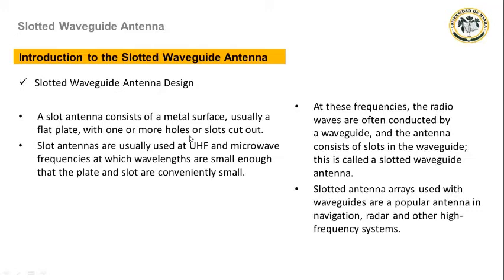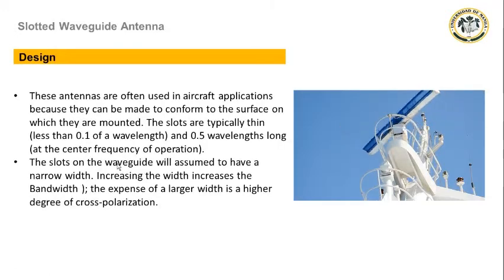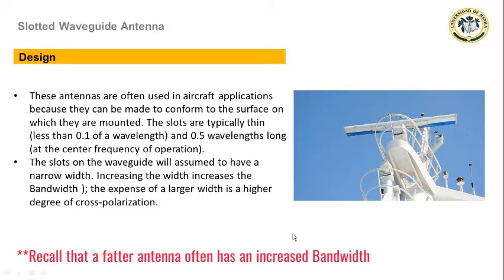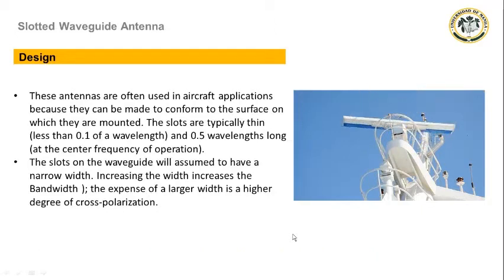These antennas are often used in aircraft because they can be made to conform to the surface on which they are mounted. The slots are typically thin, less than 0.1 of a wavelength, and 0.5 wavelength long at the center frequency of operation.